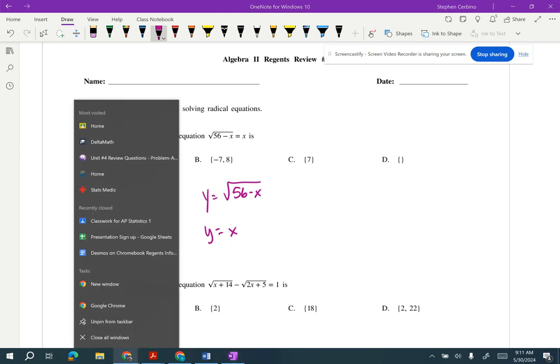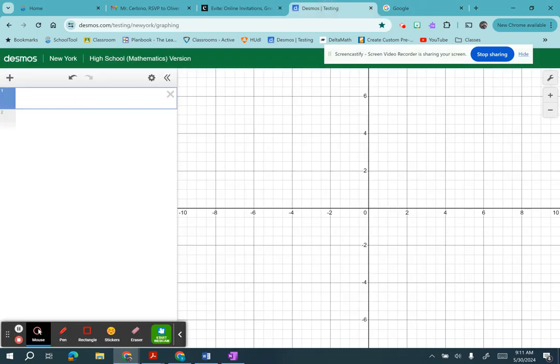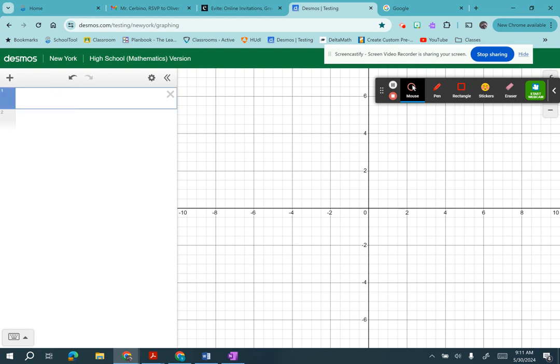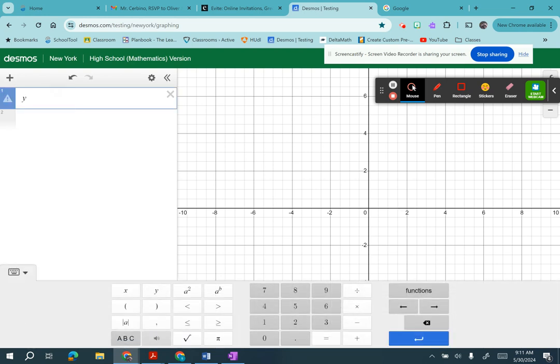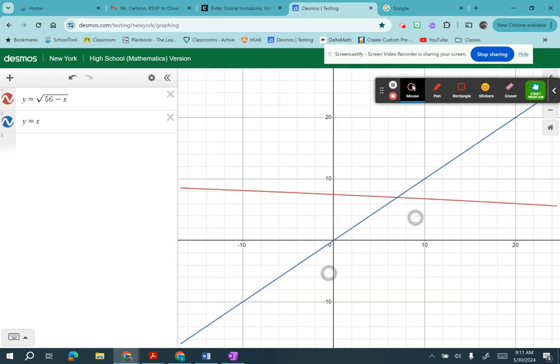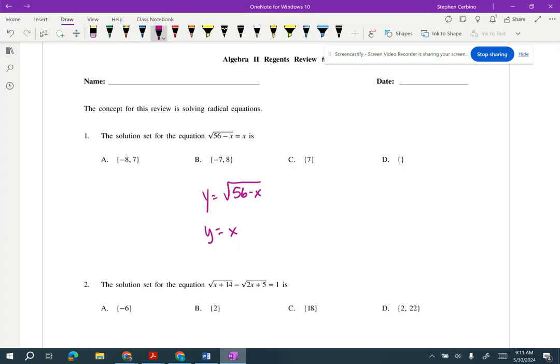So going to Desmos, if I go y equals the square root of 56 minus x, and we go y equals x. If we look, there's only one intersection that's ever going to happen here, and it happens at the x value of 7. So the answer to this question is just 7.